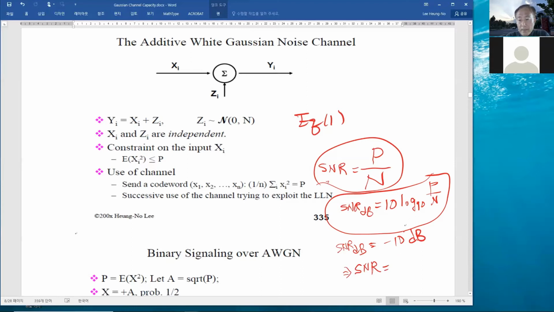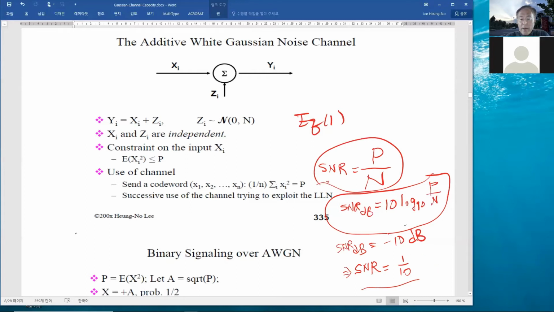SNR should be 1/10. So noise power is 10 times larger than the symbol power in this case. If it is negative 20 dB, SNR is 1/100. Negative 30, 1/1000.